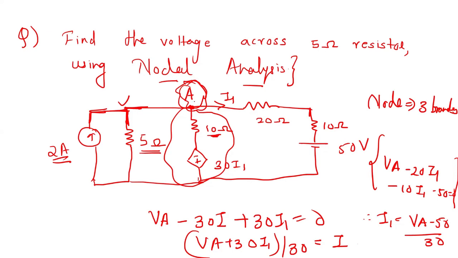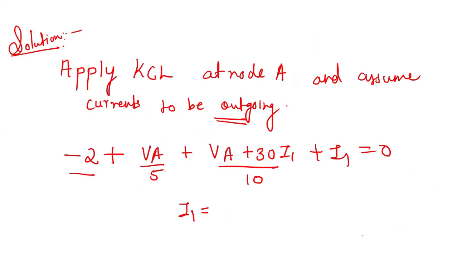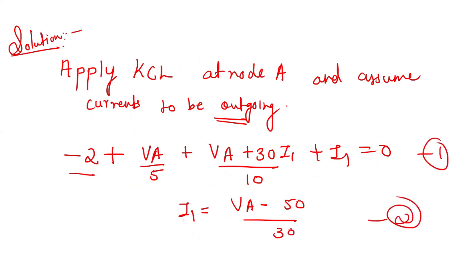So you have the voltage at node A, VA minus 20 I1 minus 10 I1 minus 50 equal to 0, and therefore I1 equals VA minus 50 by 30. This is the value of I1. So this is equation 1, and this is equation 2.